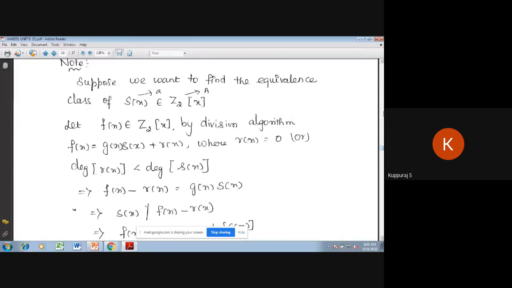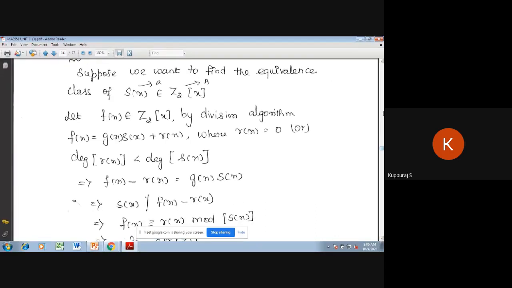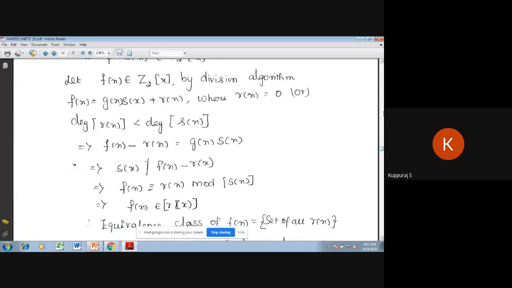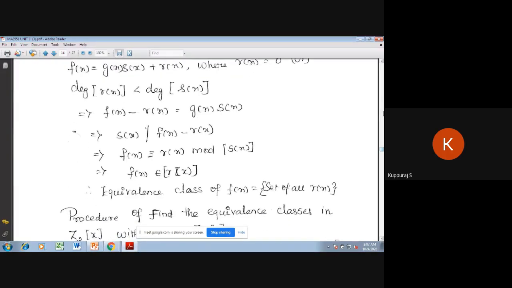In case the remainder is 0, f(x) minus r(x) is equal to g(x) times s(x), which means s(x) divides the difference between f(x) and r(x). So if s(x) divides f(x) minus r(x), the congruence relation is f(x) is congruent to r(x) under mod s(x). Therefore, f(x) belongs to the class of r(x), that is, the equivalence class of f(x).